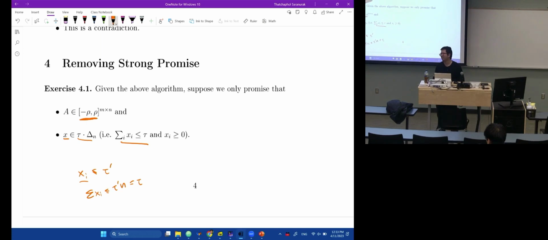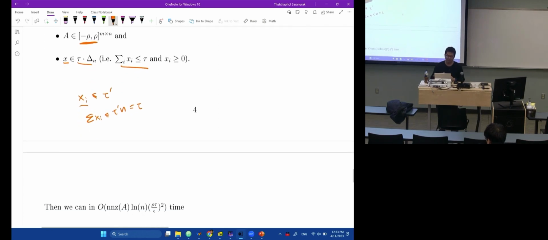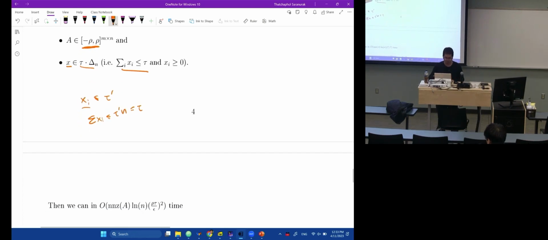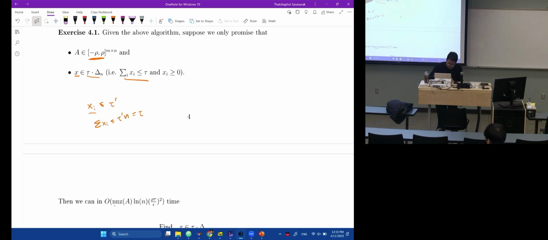What would be the running time when you apply this algorithm? It turns out that you're going to get something similar. You're going to get this thing, but now in place of epsilon squared, you will have this factor rho and tau. So it doesn't look so good.